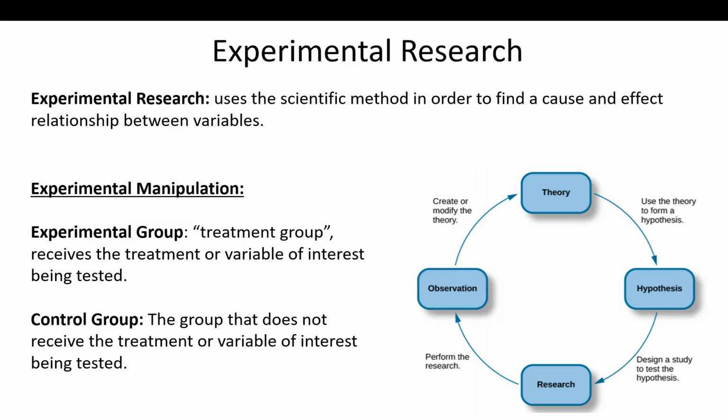Researchers are then able to compare how the experimental group differs from the control group, and thus we can determine if the treatment group was different or not compared to the control, and this gives us certainty that the treatment worked, and we're able to determine cause and effect through this research.